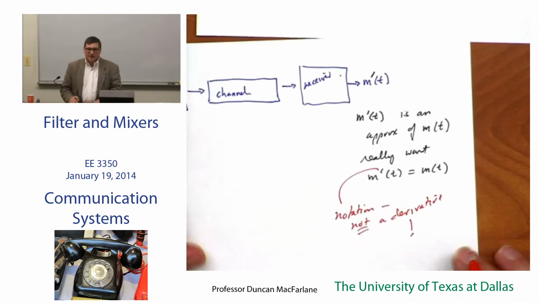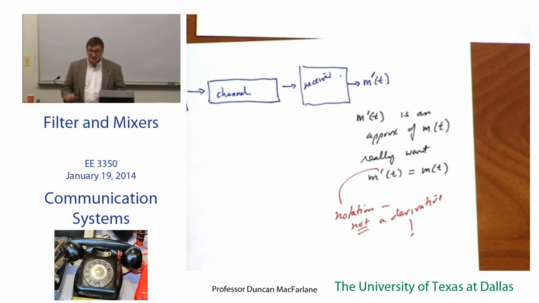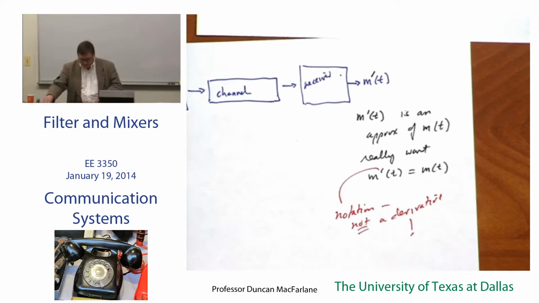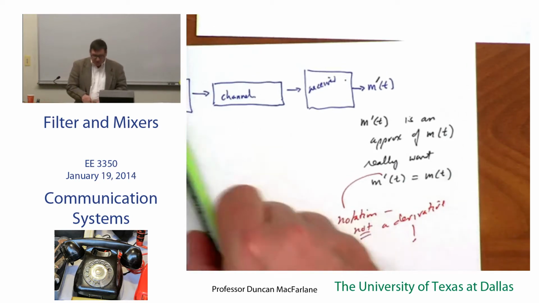I've confused people in the past about that. It took me a little while to realize I was confusing people. That's really bad. So hopefully by mentioning it, I'm not confusing you. All right. So this is the general problem.